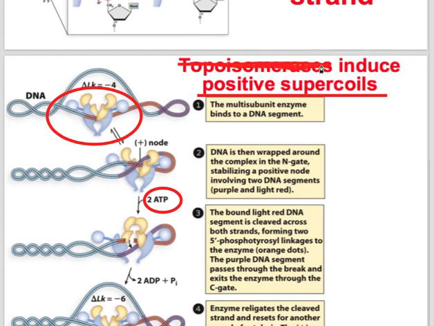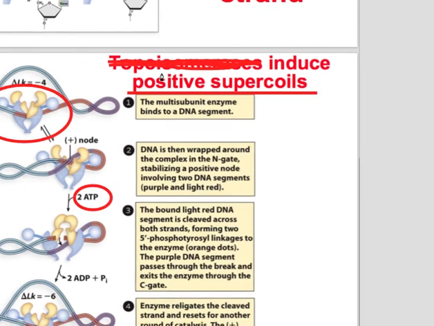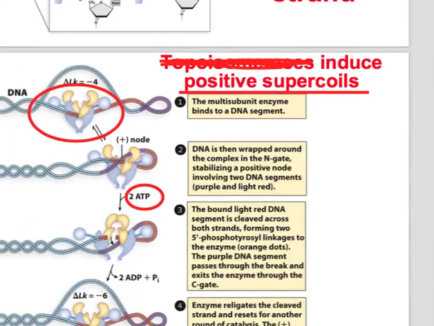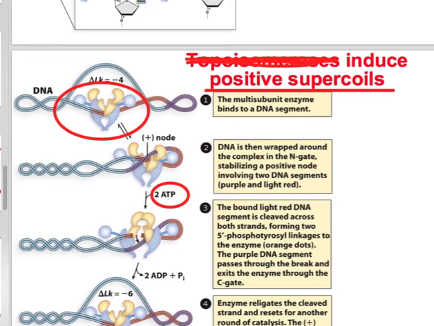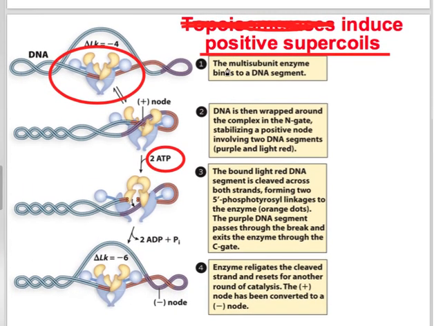Sorry, what a disaster. Okay, so G for gyrase. Oh my God, give me a break. Okay. So this slide is G for gyrase. I don't know, that doesn't look like a G.